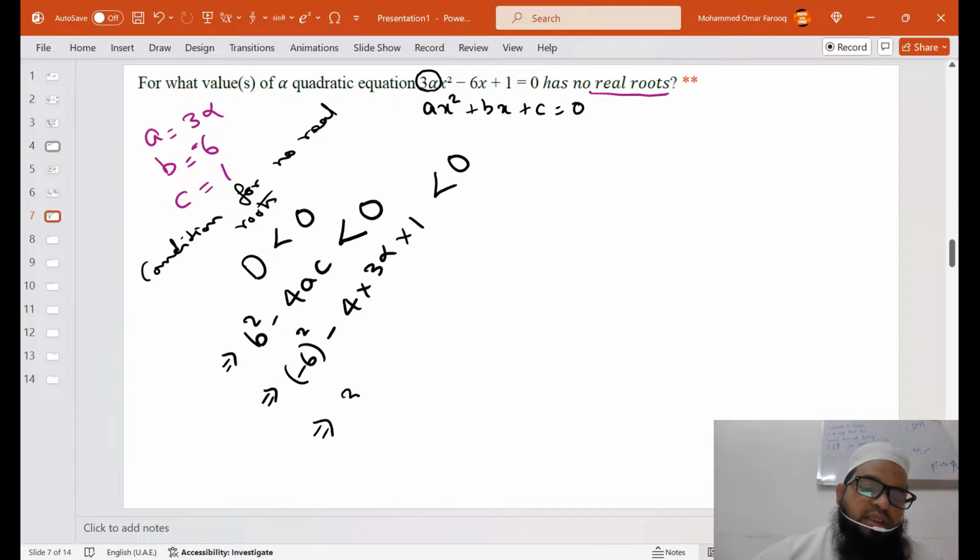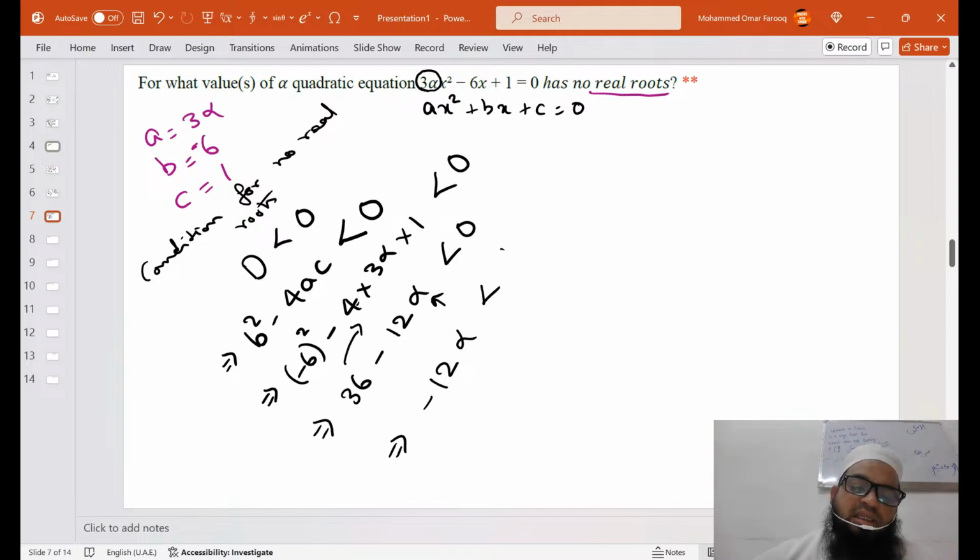This implies minus 6 whole square is 36, minus 12 alpha is less than 0. Since I need alpha, transpose 36 to the other side. So it will be minus 12 alpha is less than minus 36.